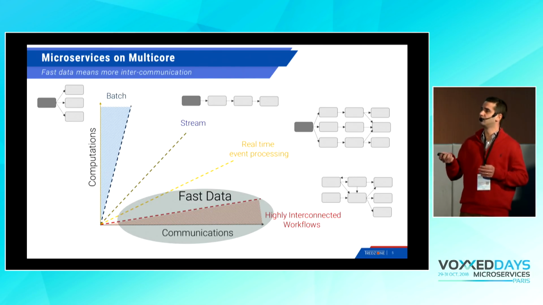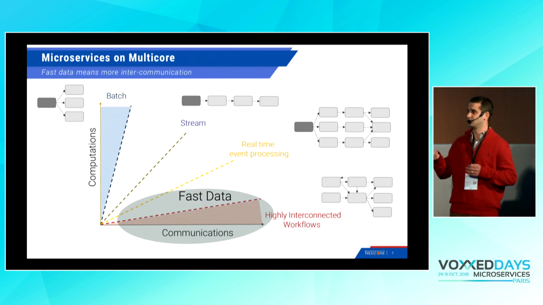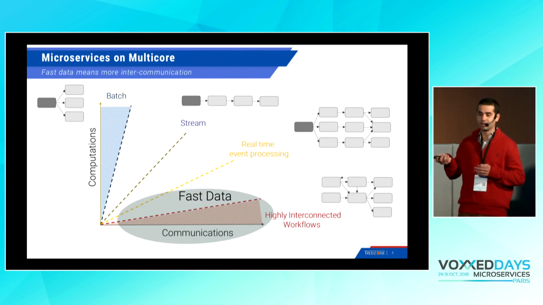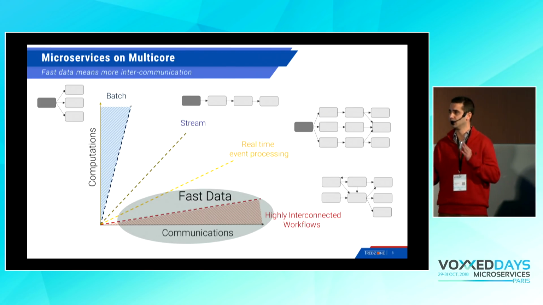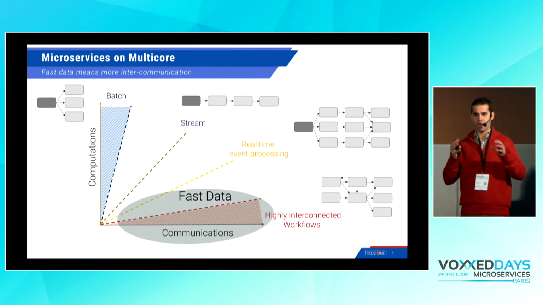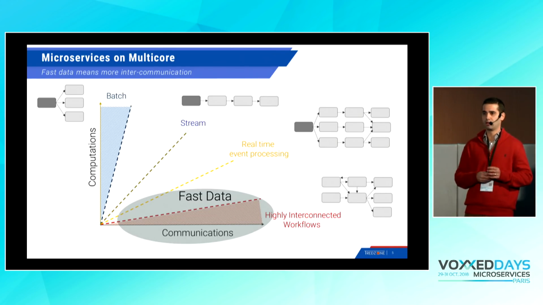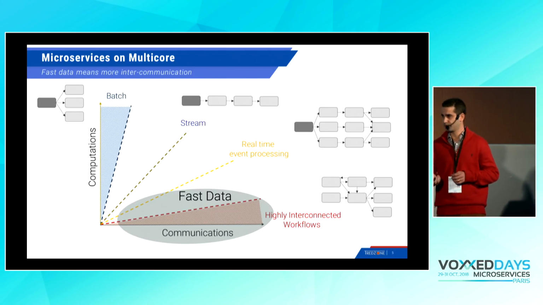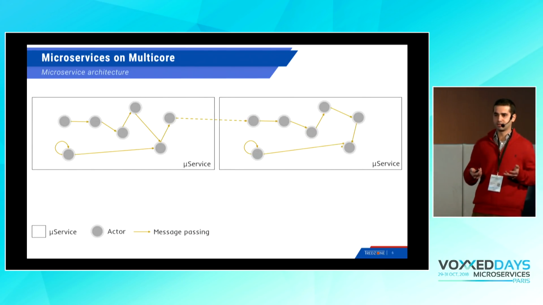And as we move forward in the spectrum, downwards, we go into more communicating parts between different actors in the system. And here we are in what we call highly interconnected workflows, or what we know as fast data. So fast data is mainly when we have components communicating at a high frequency, and they are doing small computation in each part.